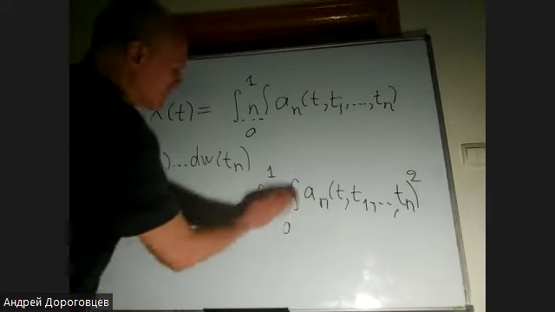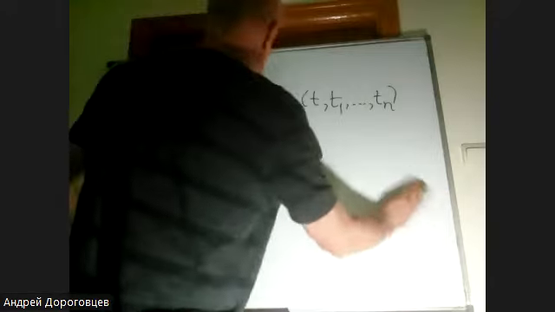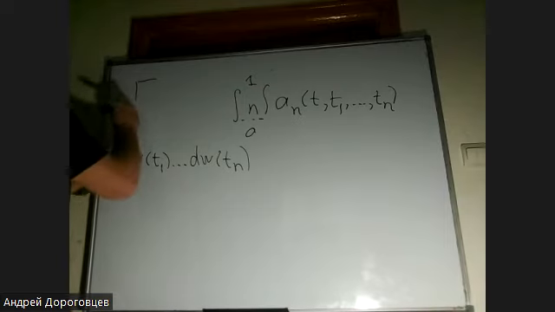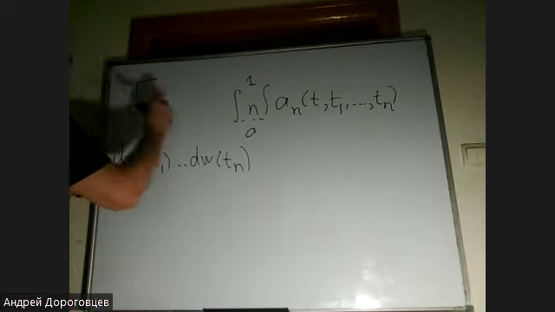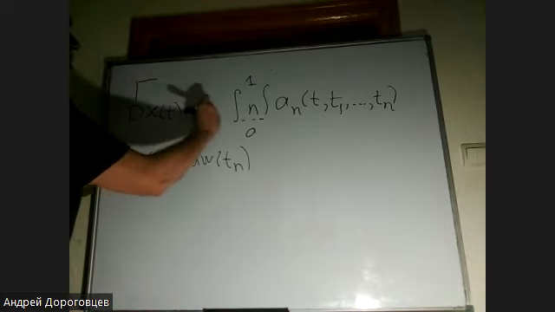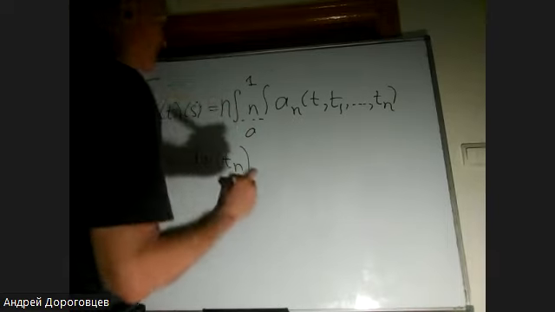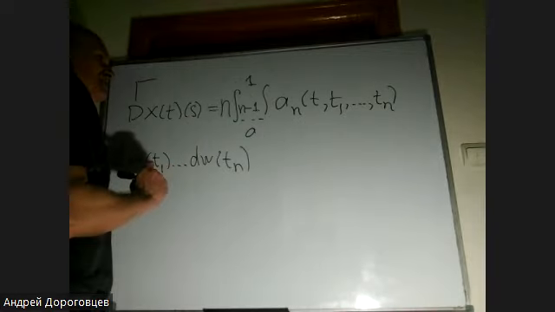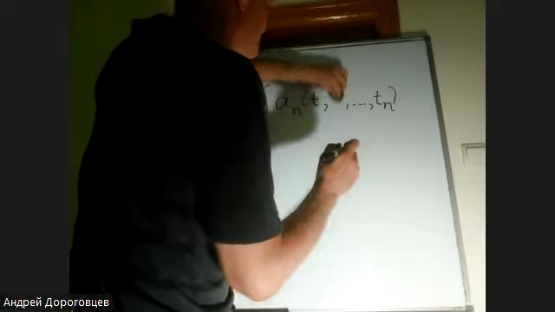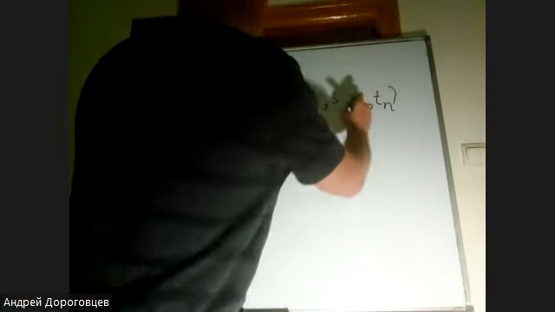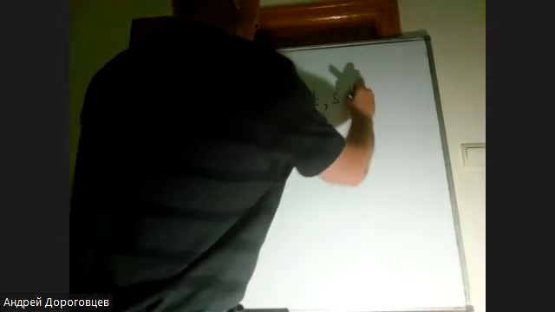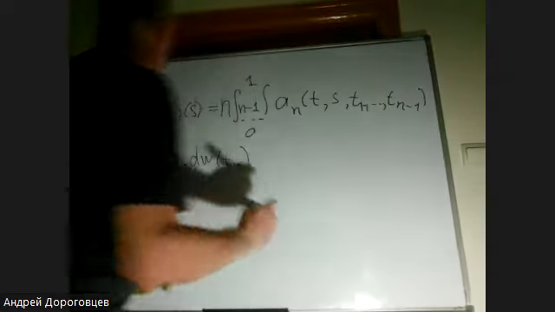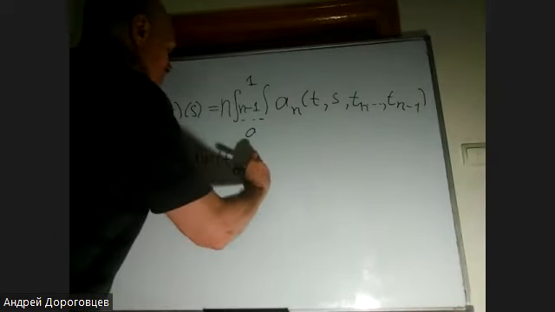So now x has a stochastic derivative, and dx of s is equal to n times, here we will have n minus 1 stochastic integrals, here we will have a_n(s, t1, ..., tn minus 1), and here also dW of tn minus 1.